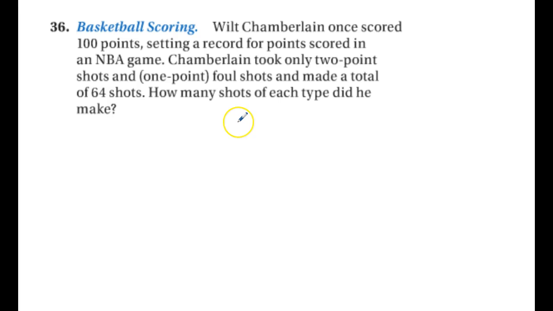So 2 points for the x's, for the number of shots that he took on the field, plus 1 point for any free throws that he made would be the total points of the game. And it looks like they scored 100 points in the game. Now, let's reread this because it looks like there's some more information here. 64 is given. Oh, he took 64 shots.